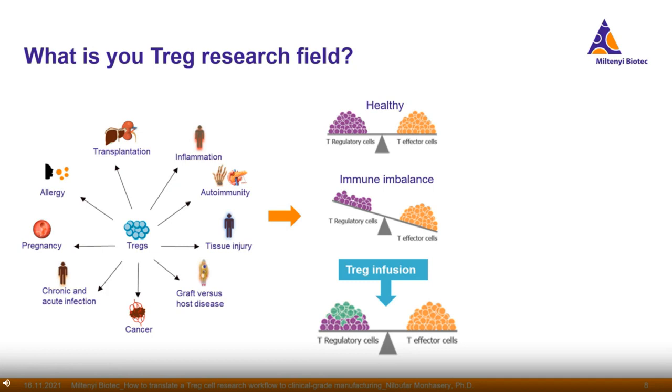But in some circumstances, this balance is disturbed, and Treg therapy is going to protect and retain this balance. So by expanding the Tregs and infusing them into the patient, they try to reestablish this balance again.